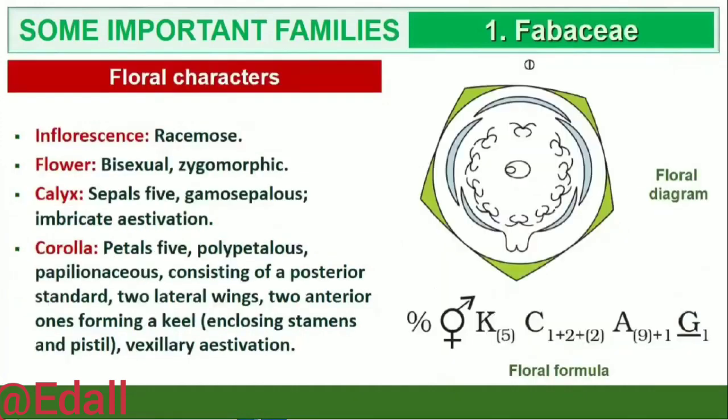Floral characters: inflorescence racemose. Flower bisexual, zygomorphic. Calyx, sepals 5, gamosepalous, valvate or imbricate aestivation. Corolla, petals 5, polypetalous, papilionaceous, consisting of a posterior standard, 2 lateral wings, 2 anterior ones forming a keel, enclosing stamens and pistil, vexillary aestivation.